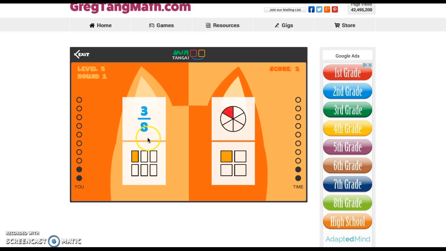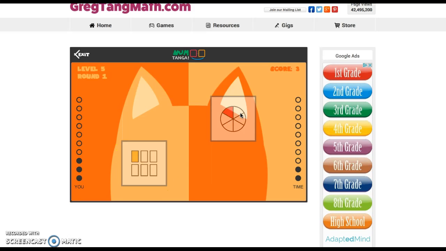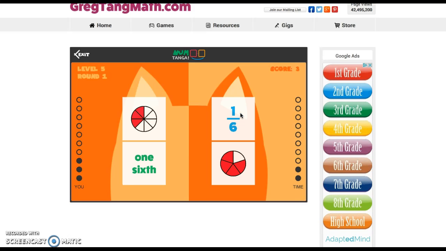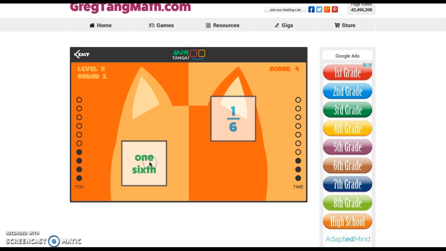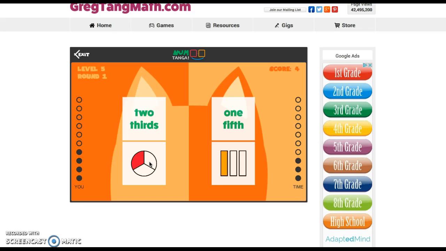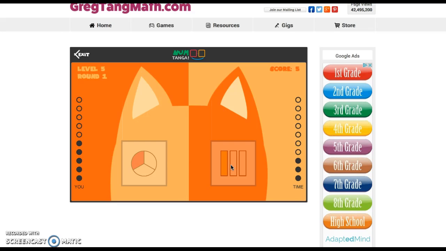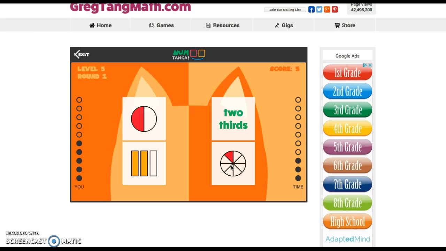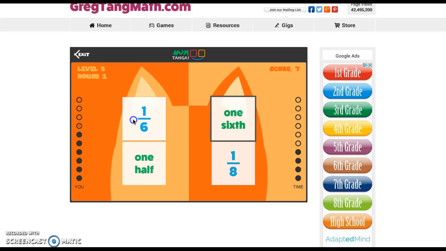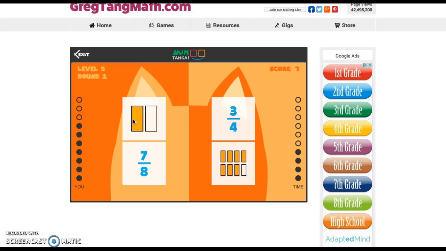Here, you can see they've got 6ths here and 6ths up here, so it was 2 different models. As you continue to go through, you can see that this first round is fairly easy for, obviously, a teacher. Would be difficult for kids who are just figuring it out. It's going to take them a long time to process each side and read them correctly.